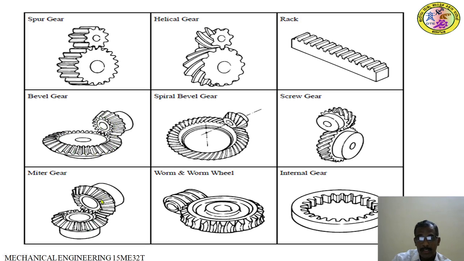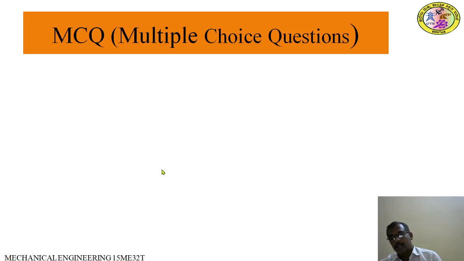In a miter gear, the teeth are equal and the velocity ratio is 1:1 only. Then worm and worm wheel. This one is the worm, whereas this is the worm wheel. Then the internal gear, that is the annular gear.